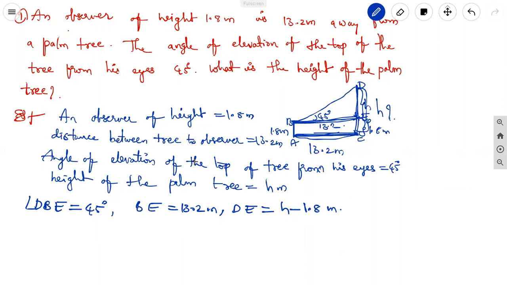Now we can find the opposite side; we know the adjacent side and 45 degrees. So the relation is tan theta equal to opposite by adjacent.